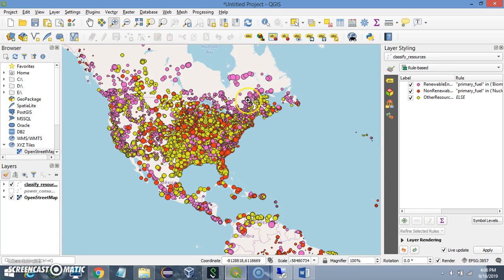Over here it has power plants that use renewable sources of energy, but in the middle we have power plants that use non-renewable energy sources with higher power capacity, and also other sources that use other kinds of energy.